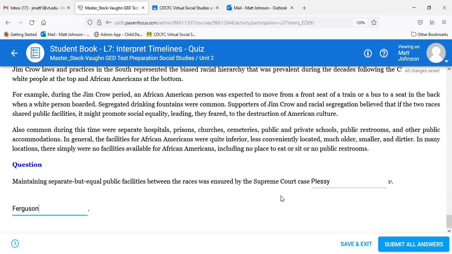The facilities for African Americans always didn't have the same quality, and they lacked funding. And, of course, that was a big problem. And that's where Brown versus Board of Education revisits that case much later down the road, but then overturns that ruling. So there's no more such thing as separate but equal. It is just equal. All right, so that was 5, Plessy versus Ferguson.